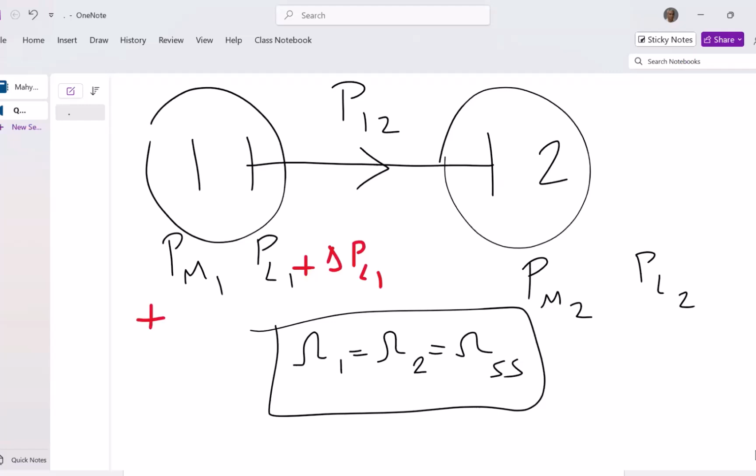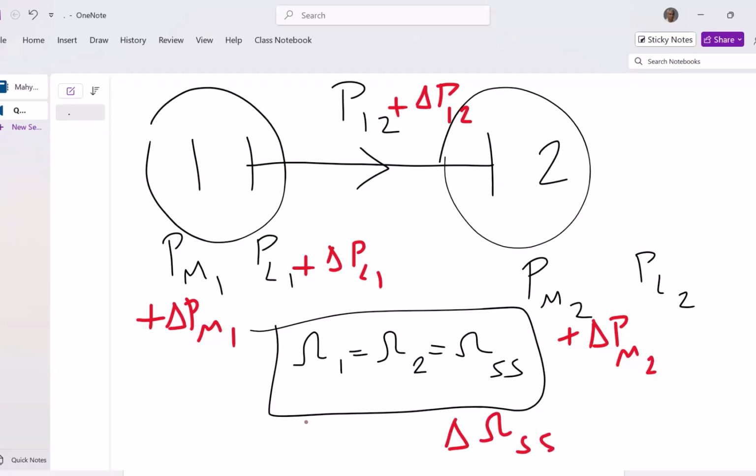That includes a change in the mechanical power in area 1 to respond to the change of load in area 1. The change of mechanical power in area number 2, okay? And we assume that there was no change in load in area 2, okay? But because of that change of load in area 1, both areas will need to respond in general, and there would be a change in the transacted power between the two areas as well. And your frequency will also change. There would be a change in frequency under steady state conditions as well.